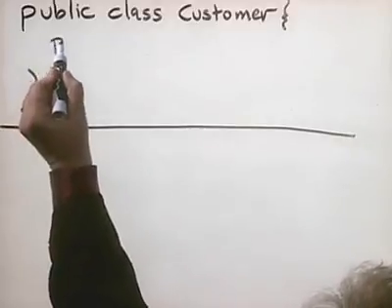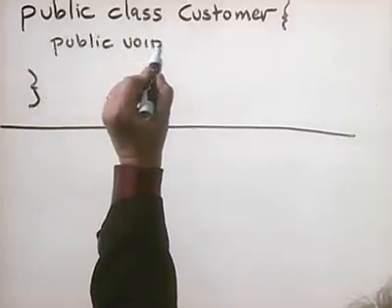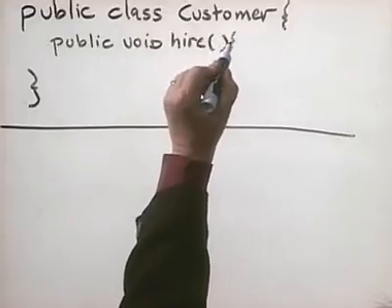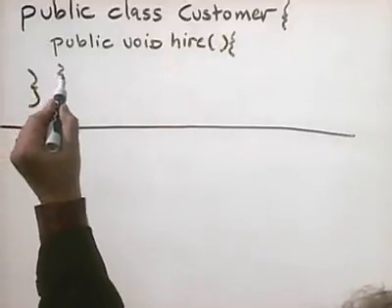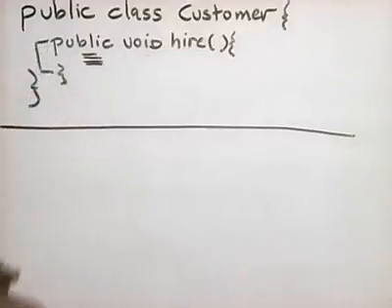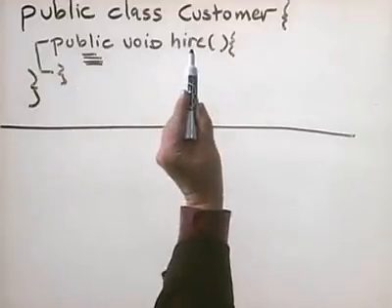So I'll create a method here. That's a member of the customer class. It's a method called hire.